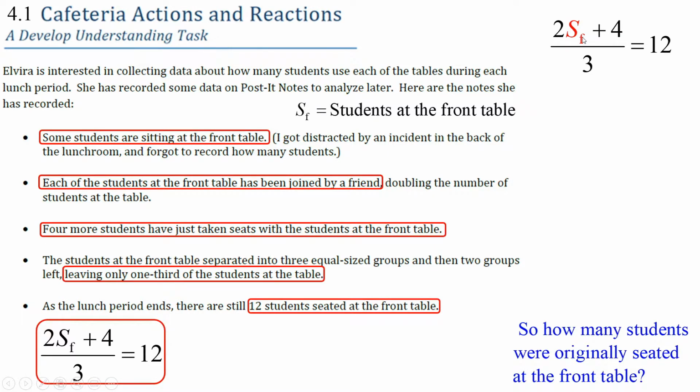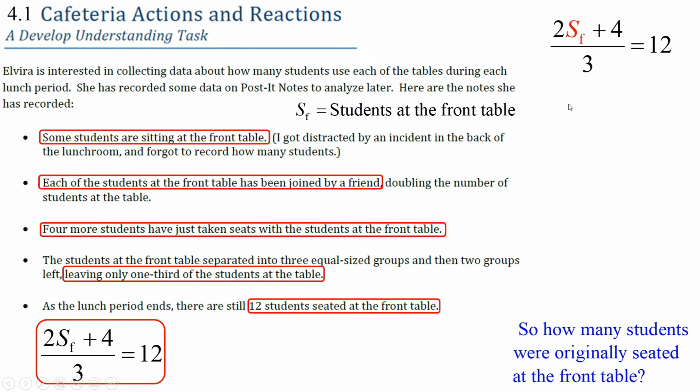When you're manipulating an equation to solve, you have to do the same thing to both sides of the equation during every step. Otherwise, you change things. So you think to yourself, to isolate this S sub f, what would I have to get rid of first? What you do is the opposite of your order of operations when you're solving.